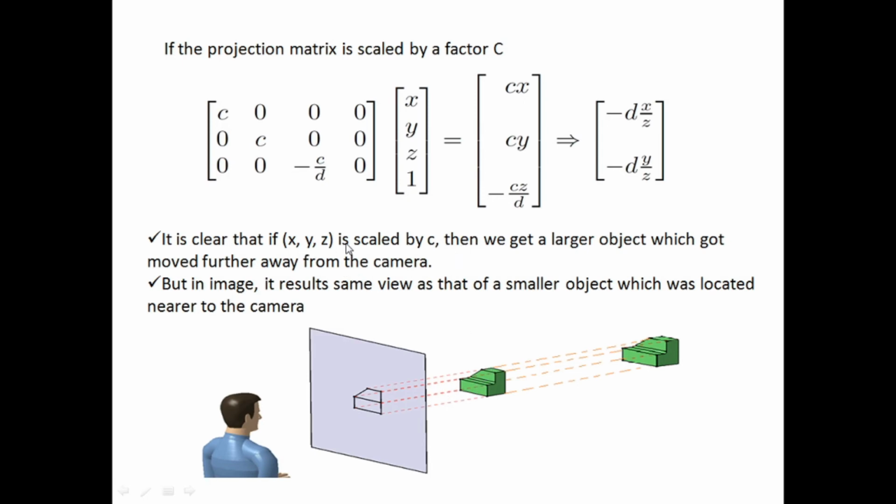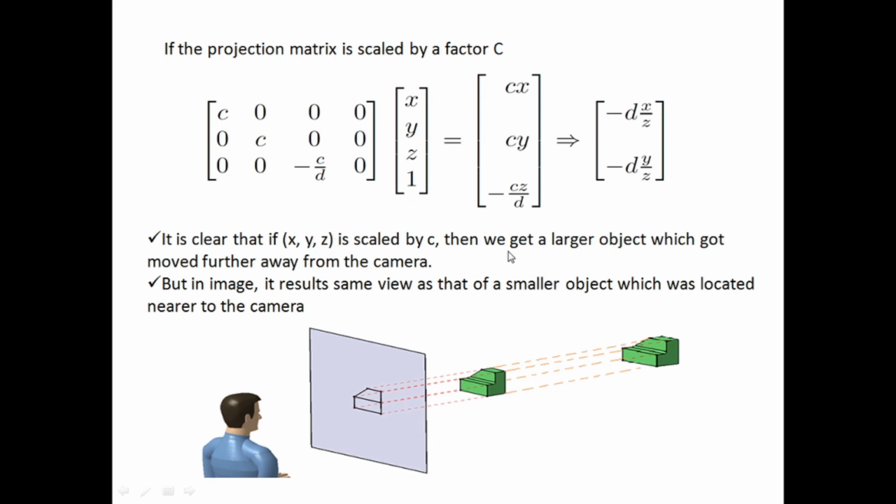This x, y, z is the coordinate of the object, a scene coordinate, a point on the object which is present in the 3D environment. So if the projection matrix is scaled by c, that means I am scaling x, I am scaling y, as well as I am scaling z.